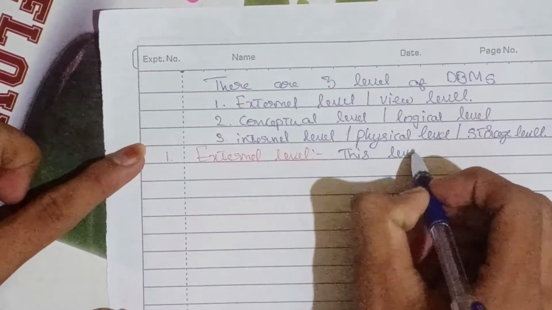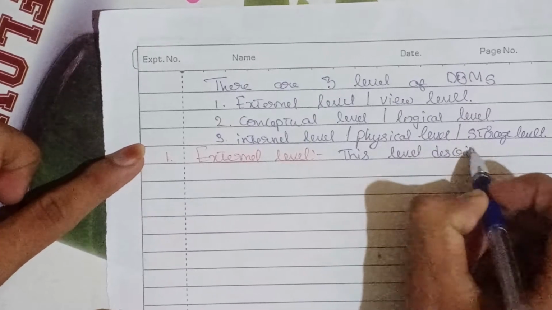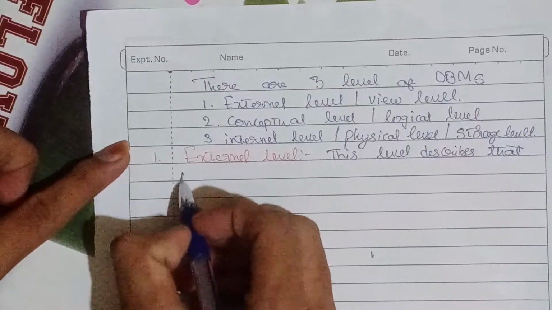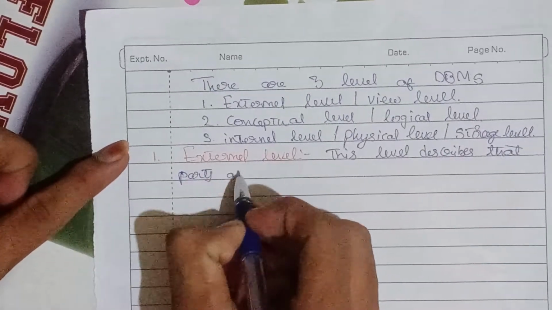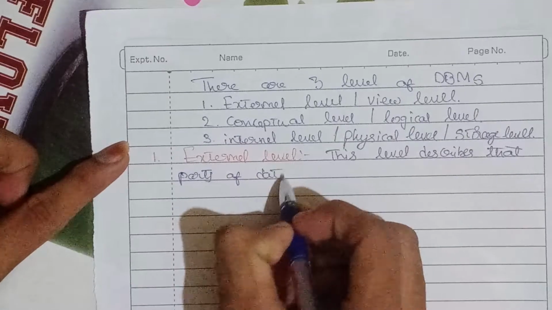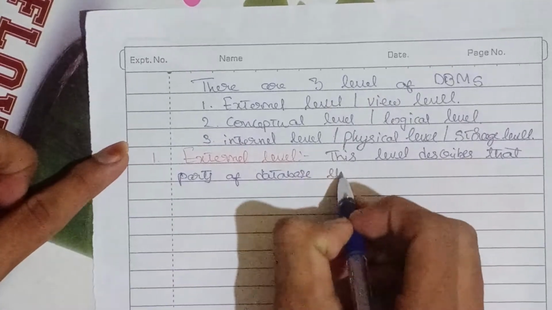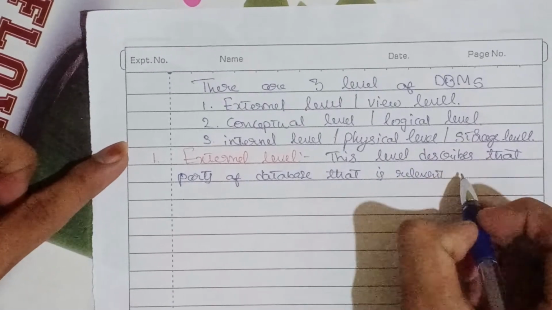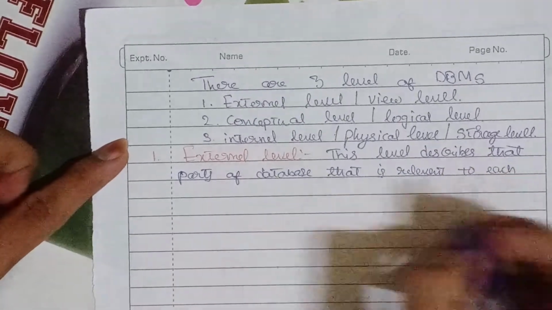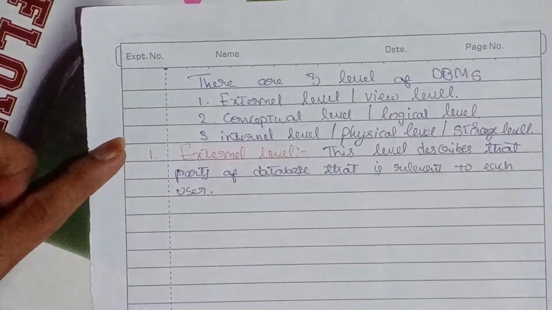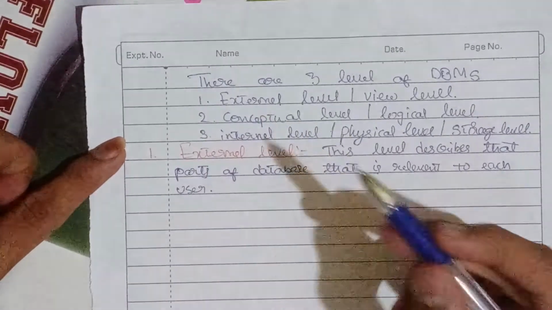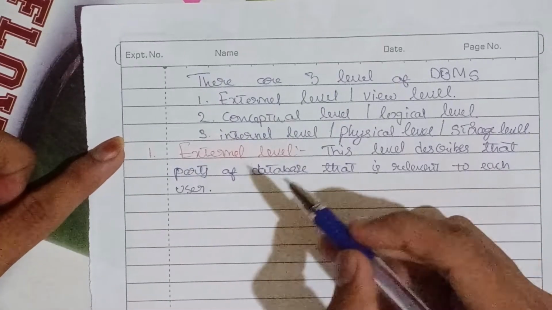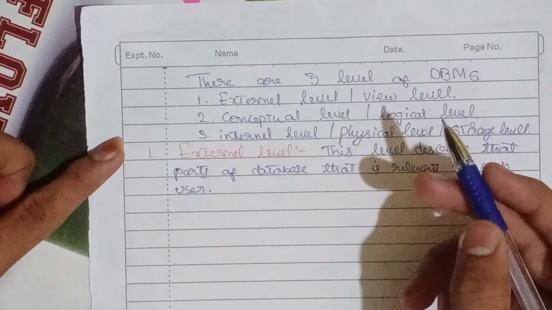It holds the information that is relevant to the user. This is called the external level.